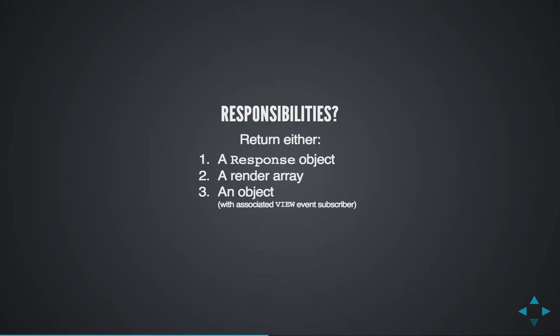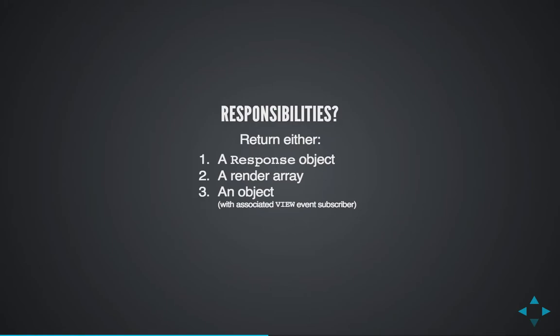So the second thing that is usually returned is a render array, and a render array we are all very much familiar with. And we'll look at that in more detail in a second, but that's the other kind of interesting return value, the other type of the three possible return values.